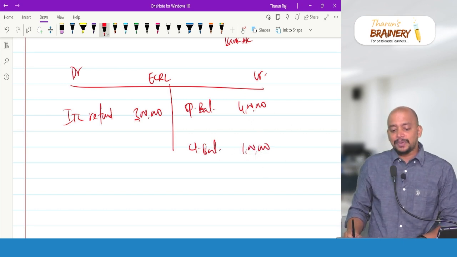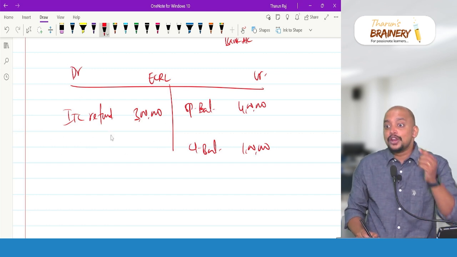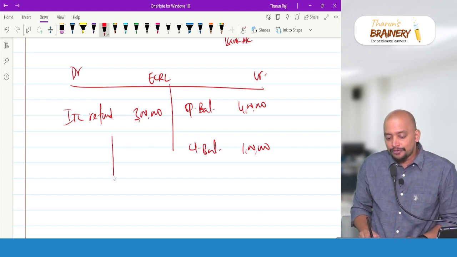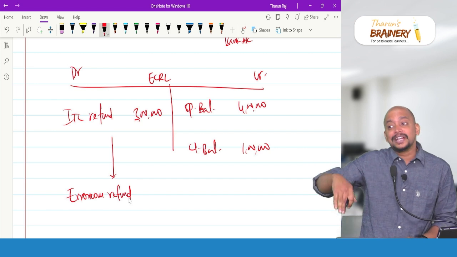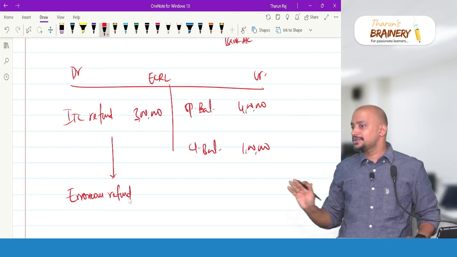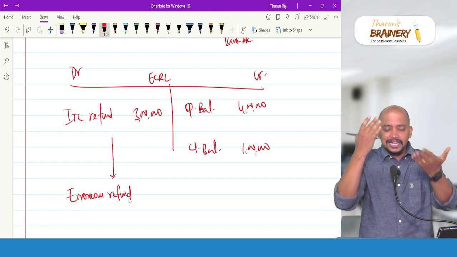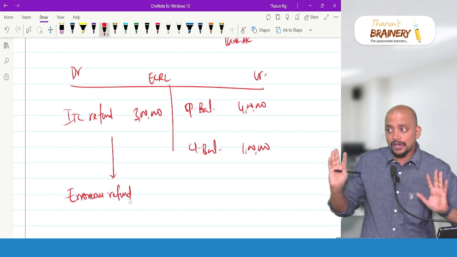Now, what has happened? This ITC refund, whatever you have claimed, is erroneous. It means you have wrongly claimed the refund. So, therefore, the erroneous refund is either paid by you or recovered from you. You understood? Either you voluntarily paid on your own, or the department has recovered it along with interest.